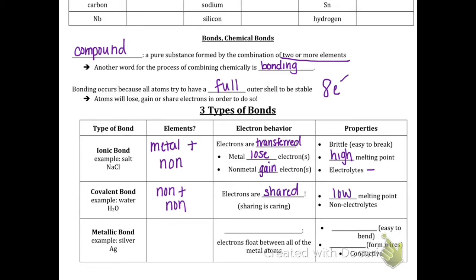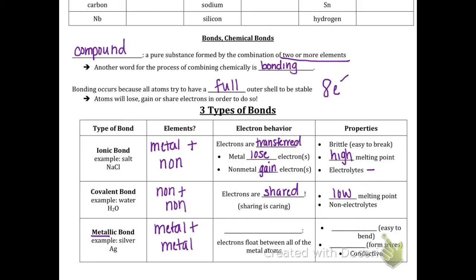The third type of bond, which we're not really going to talk about too much, is called a metallic bond. But you can see the word metal in there, so you can assume that it's when a metal is bonded to another metal. Usually this metal is bonded to itself. That's the most common type of metallic bond you will see.